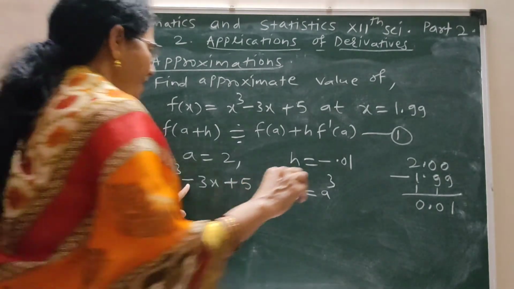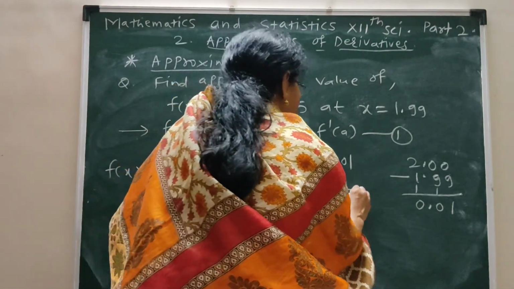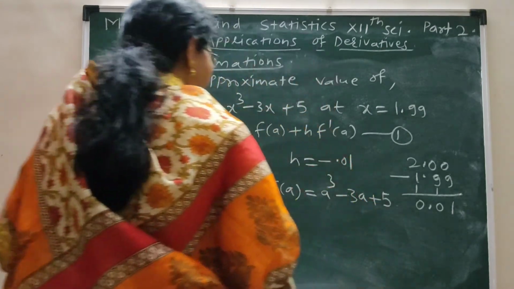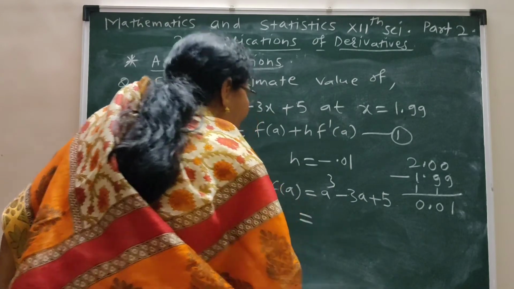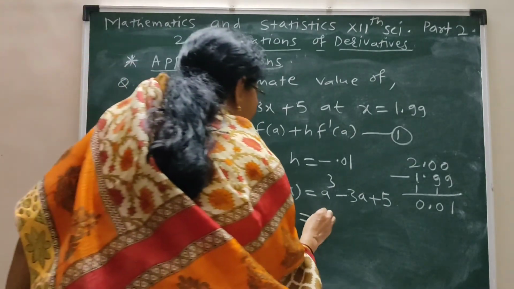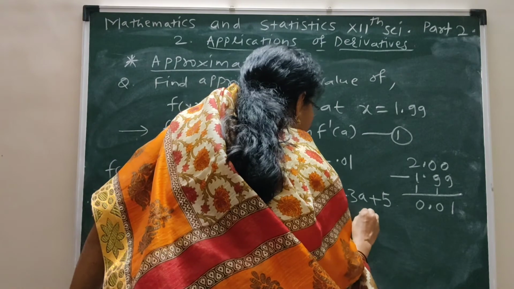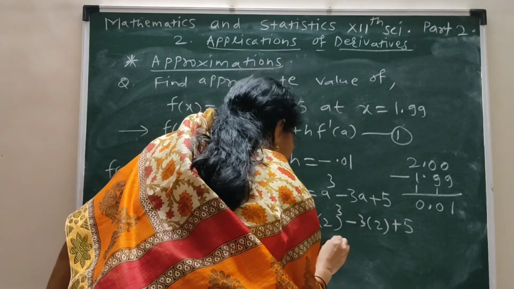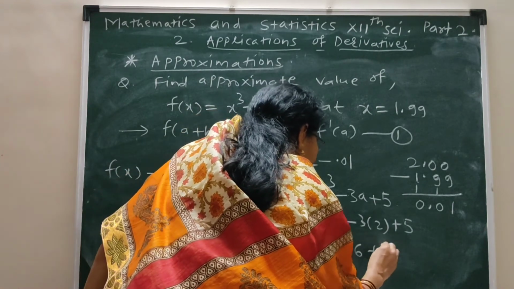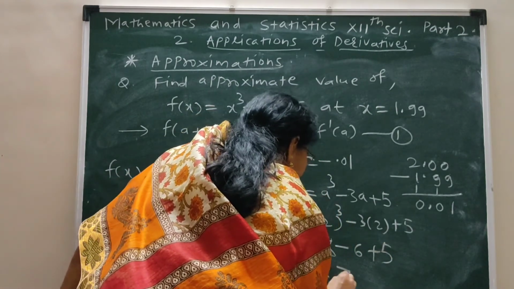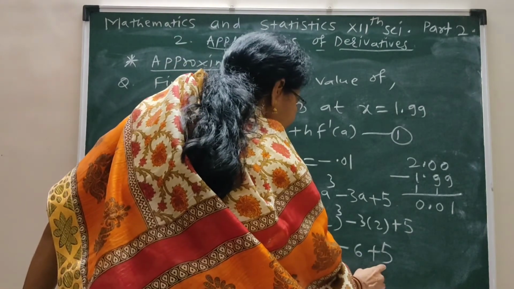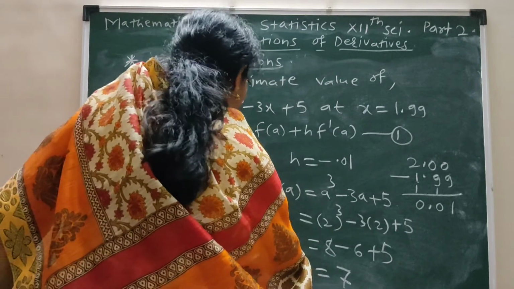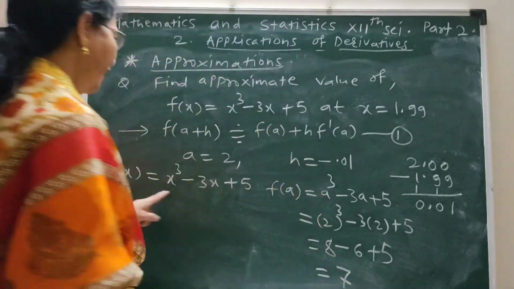Put the value of a as 2: 2 cube minus 3 times 2 plus 5, which is 8 minus 6 plus 5, which is 7. Remember, f of a is 7.